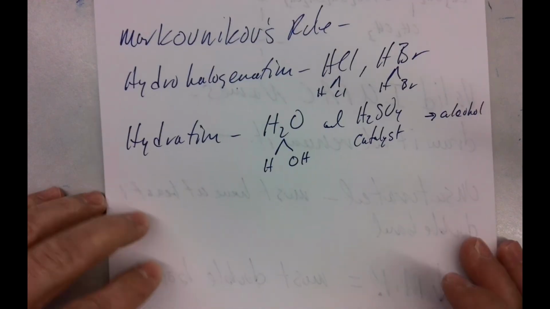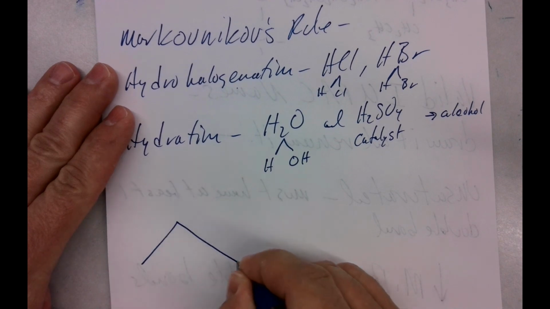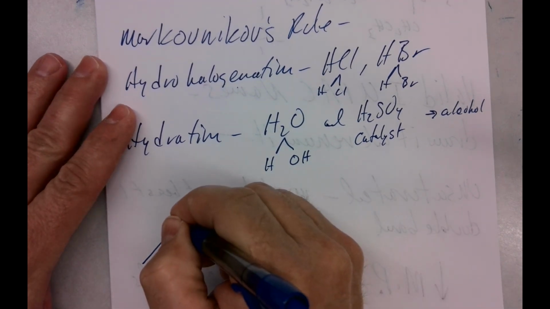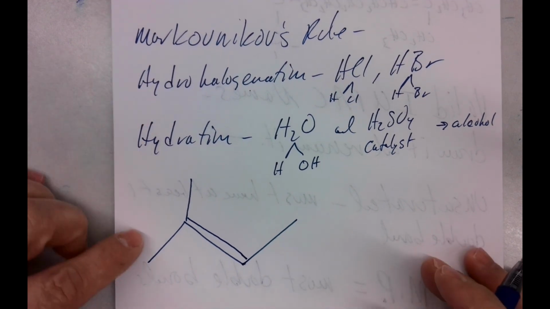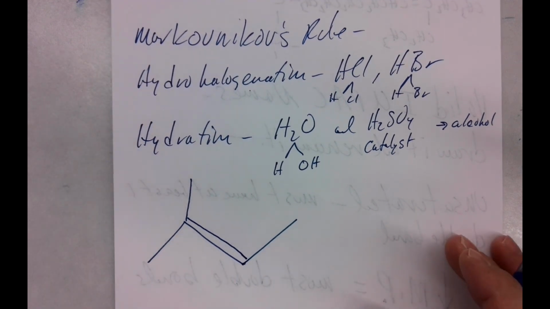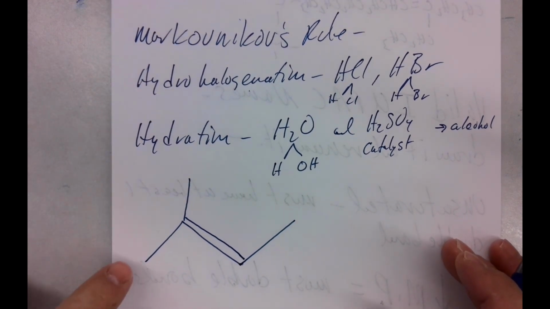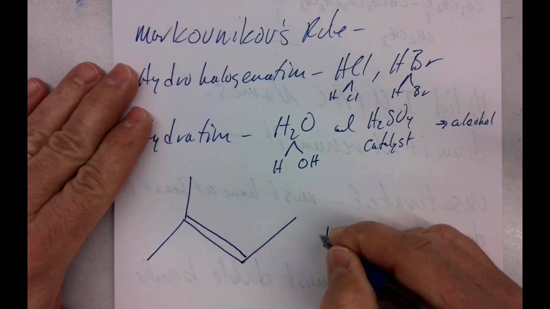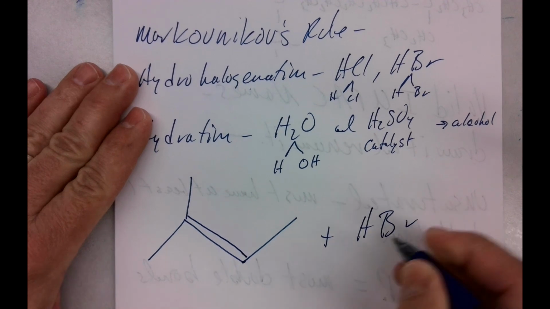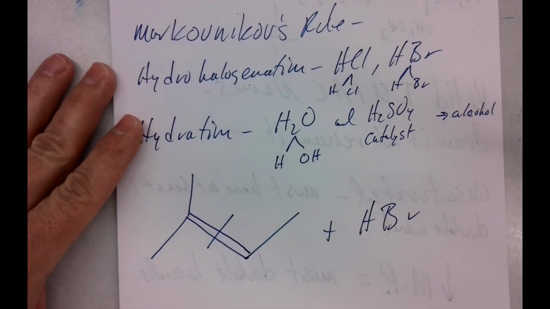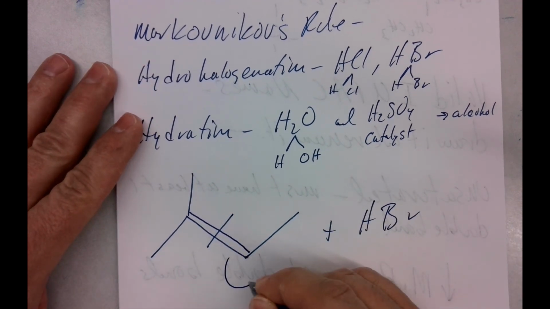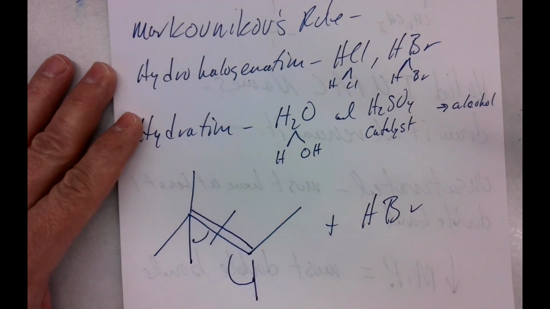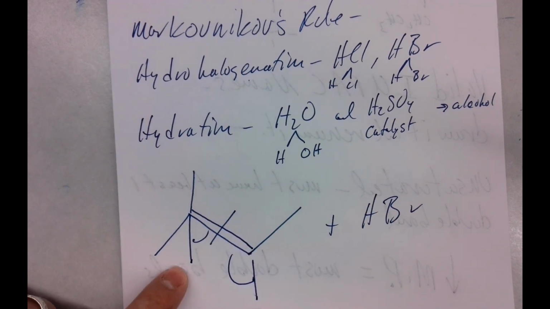So, if I look at this, here's my molecule. Let's say I've got this, right? Every one of these represents a carbon, correct? I'm going to add HBr to this. I know my double bond's going to break, right? Half of it's going to go here, the other half is going to go there. Which is going to go at each spot?